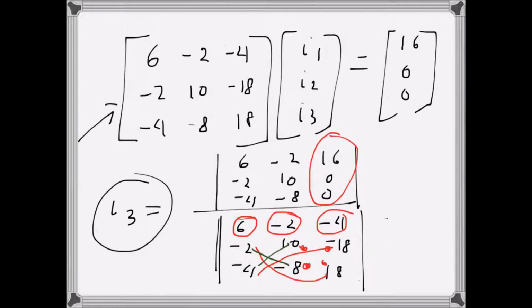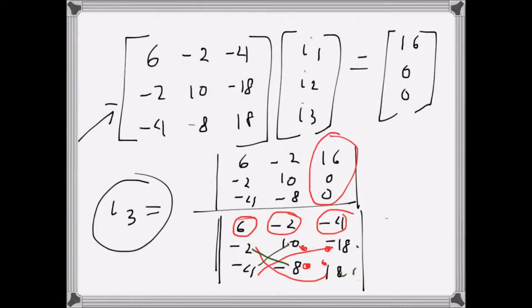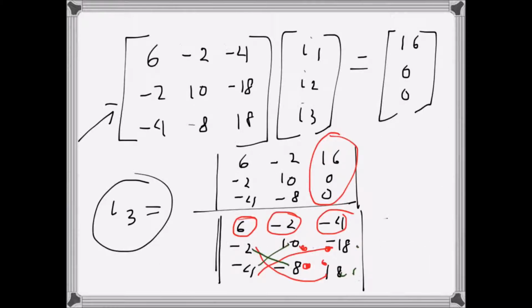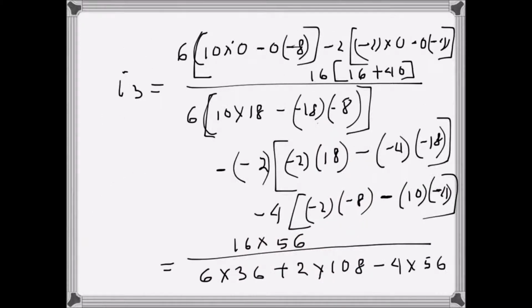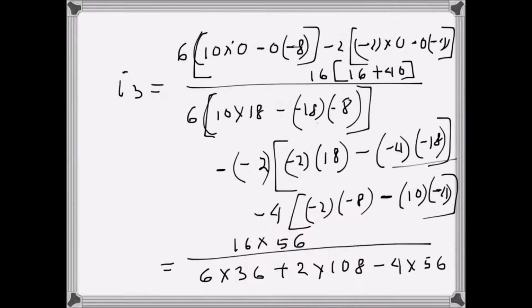6 times 10 into 18, so 6 times (10 times 18 minus 18 times minus 8), and then negative 2, with the equation's other negative, times (2 times 18 minus 18 times minus 4), and finally minus 4 times (minus 2 times minus 8 minus 10 times minus 4).